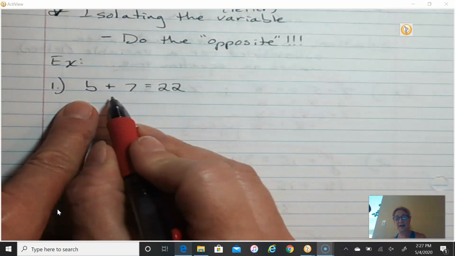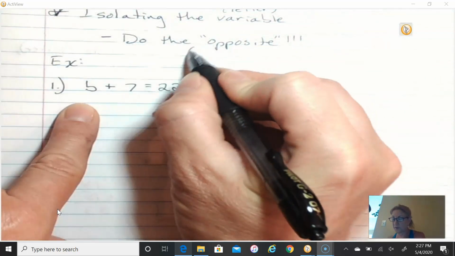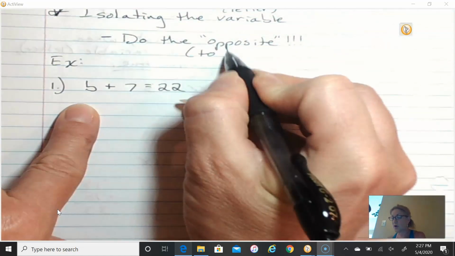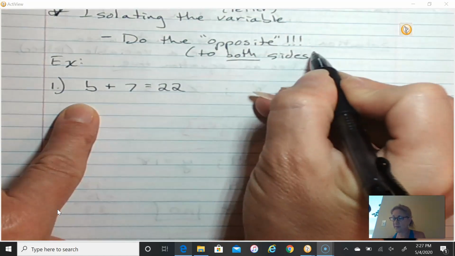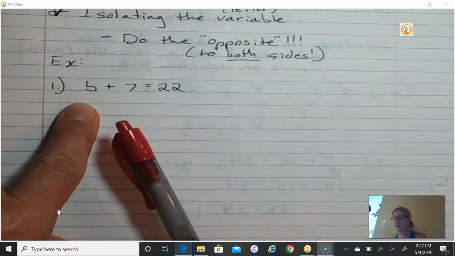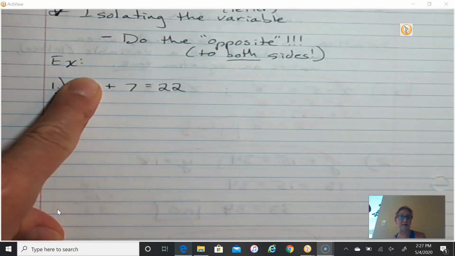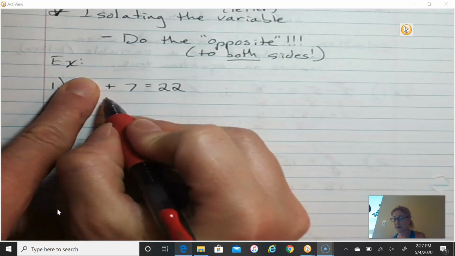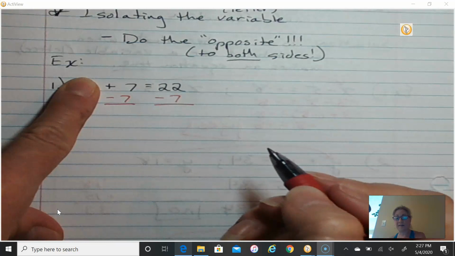And you have to do it to both sides. Do the opposite, I forgot to put that, to both sides. Okay? So if this is plus 7, what is the opposite of plus 7? Minus 7. And we're going to do it on both sides.